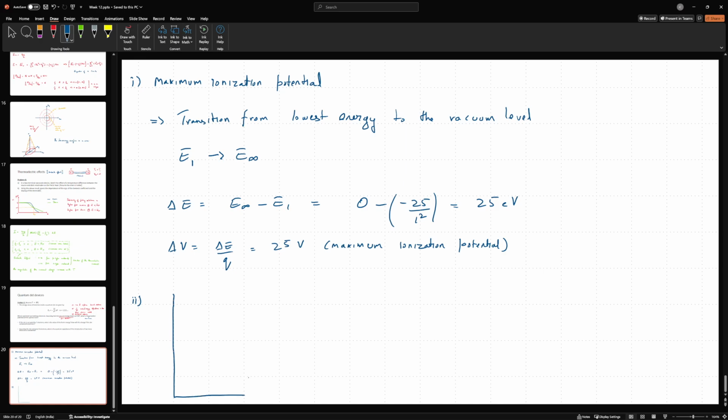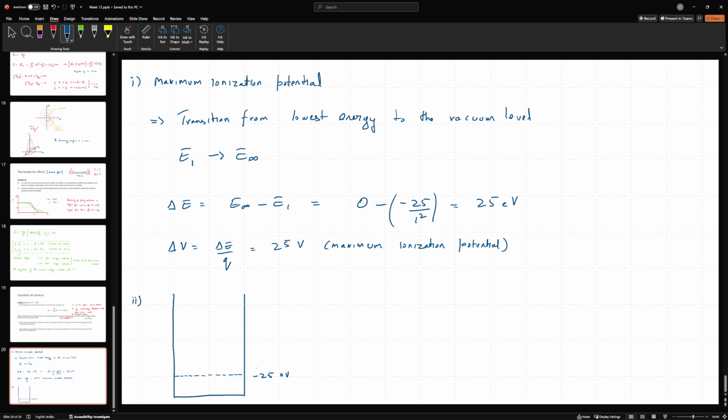So I have the quantum dot, which is an artificial atom. So all the electrons here are bound, they are confined. Okay. So the lowest energy level is minus 25 electron volts.